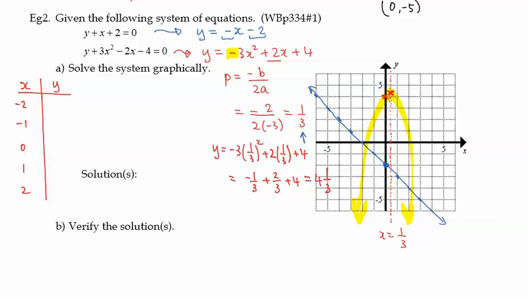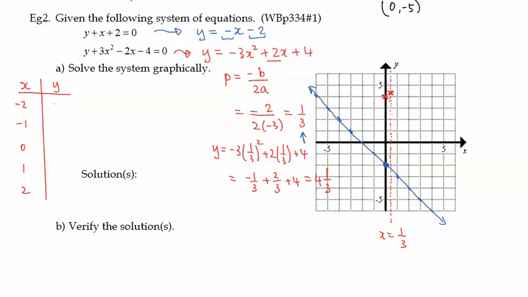But we want points. And substitute each of these x values into the equation and find the y-coordinate.